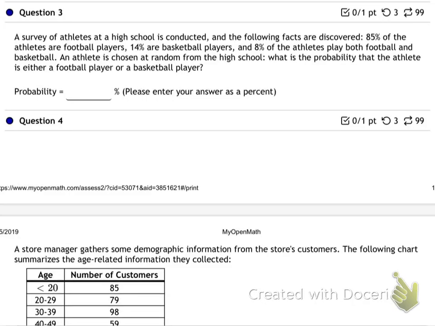Question 3. A survey of athletes at a high school is conducted. The following facts are discovered. In fact, let me just make it bigger for you. So here's question 3.